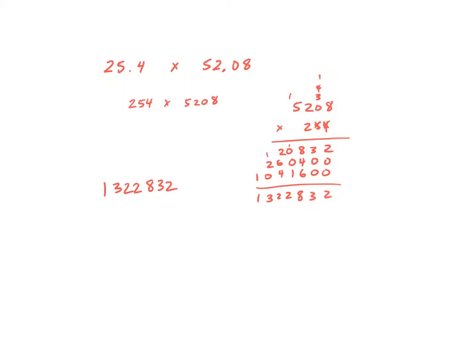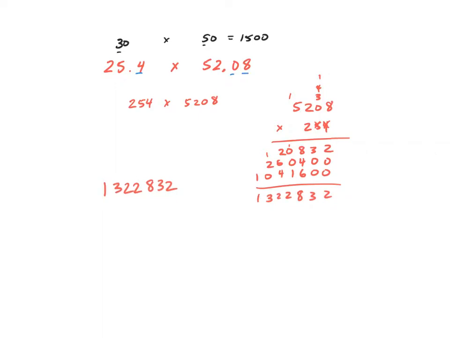Of course, I know that's not going to be my actual answer, because if I were to estimate this problem, I could say this is close to 30, and this is close to 50, and 3 times 5 is 15 with 2 tens, so my real answer should be about 1500. So if I go back and look at my problem, I had one digit there, one here, and one here.